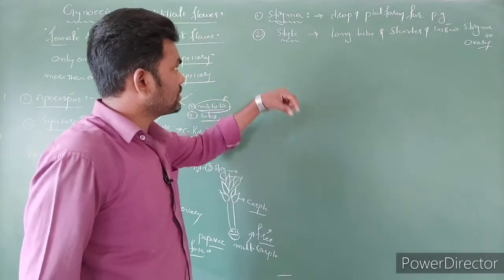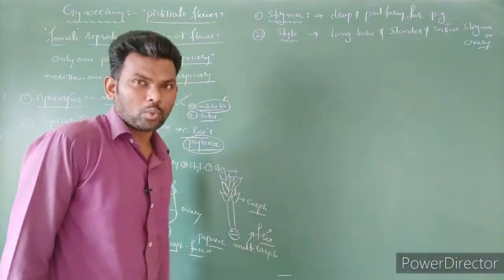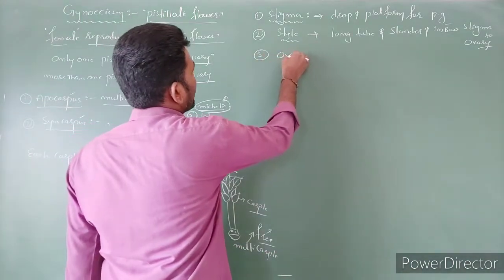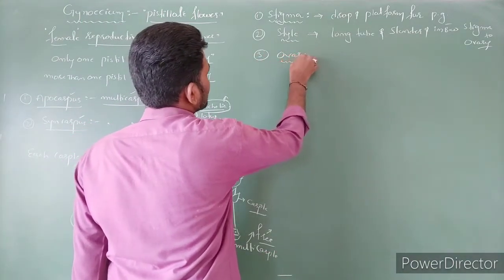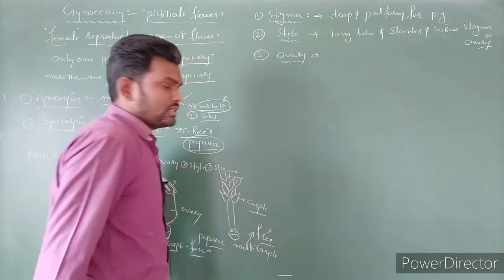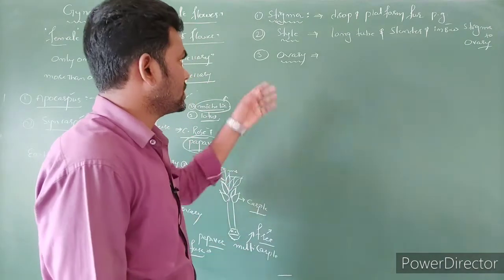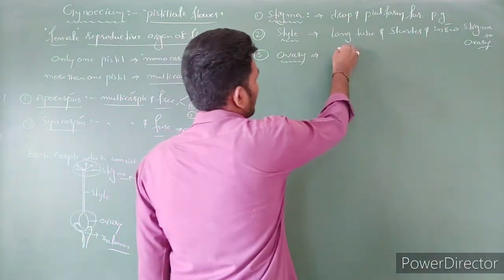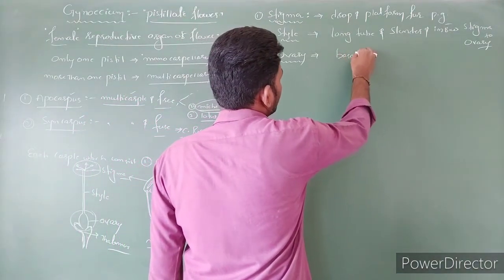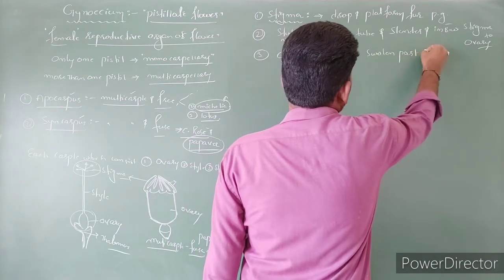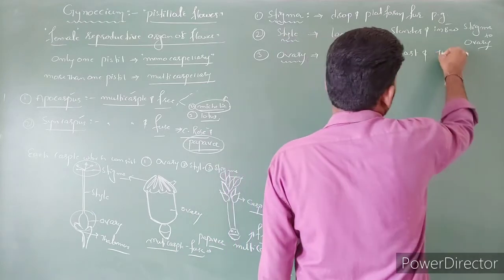Through it the pollen tube enters and reaches the ovary. The third part is ovary. Third part is what? Ovary. It is a basal swollen part which is arranged on the thalamus. That is called what? Ovary. It is a basal swollen part which is arranged on the thalamus.